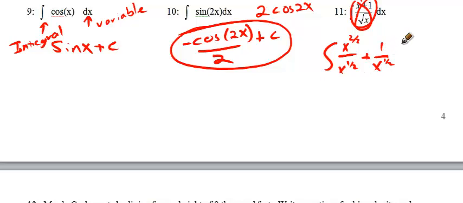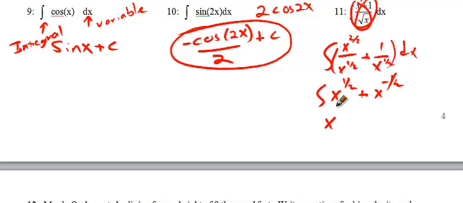Then we can simplify this up. Technically, the dx goes with the whole thing. So 1 minus a half, subtract for division, you end up with x to the positive half, plus x to the negative half. Now, all of a sudden, I have things in my normal form.